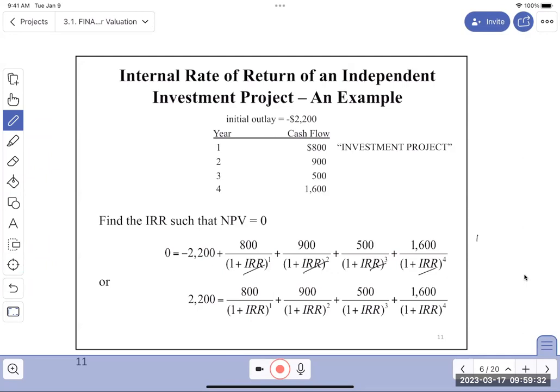So if the discount rate is equal to 0, then the NPV is equal to 1600.